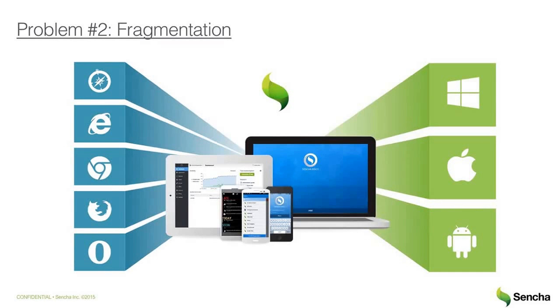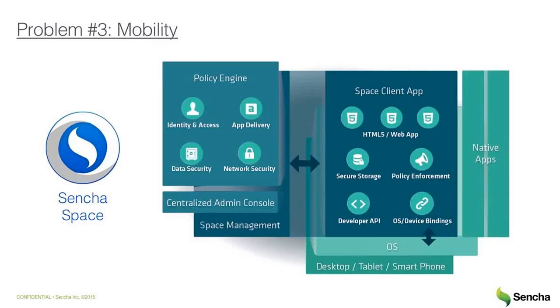So it's no surprise why native packagers like PhoneGap have become so popular. But these native packagers don't do anything to secure access to your application, nor do they encrypt the local data and resources. And as I just mentioned, Sencha Space solves the problem of mobility by delivering your applications across all devices on a consistent Chromium-based runtime.